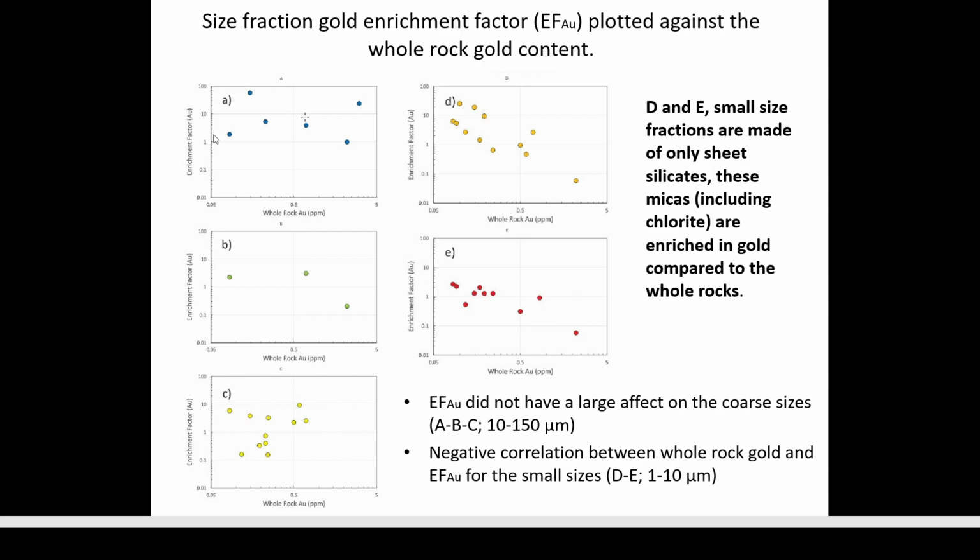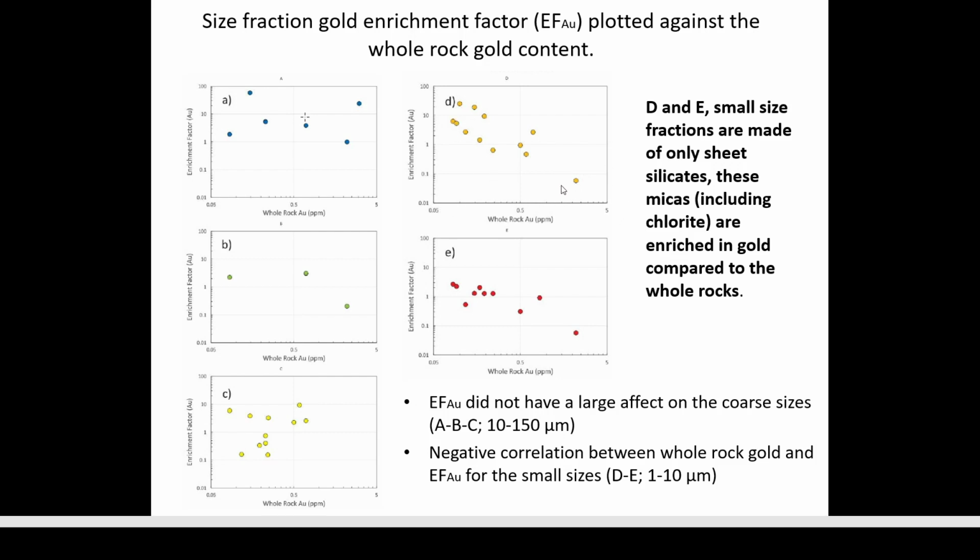So there's no large correlations in our A, B, and C fractions. But in our D and E fractions, we are finding correlations where when we're having less whole rock gold, we're having more enrichment, and when we're finding more whole rock gold, we're finding less enrichment.